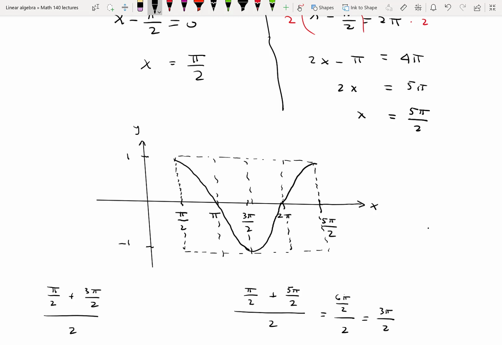And you don't have to be too fancy. You notice my graphs are not at all fancy, but they tend to get the job done. That's all you have to be able to do, is get the basic shape of the sine or cosine. The basic shape's important, but next to the basic shape is the points along the x-axis and the points along the y-axis.